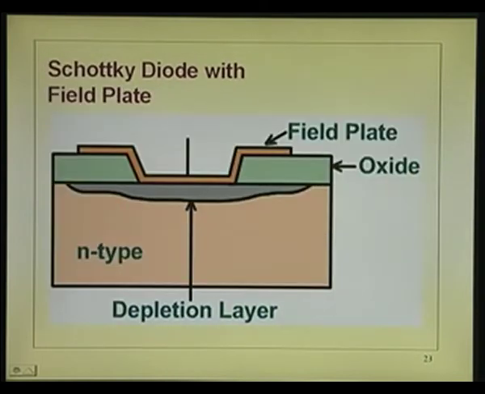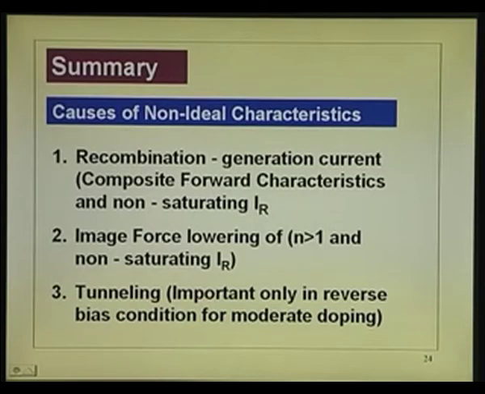So, finally, what we have seen, the summary of all these non-ideality factors is: recombination generation current, it may have composite forward characteristics and non-saturation in the reverse current in some cases.